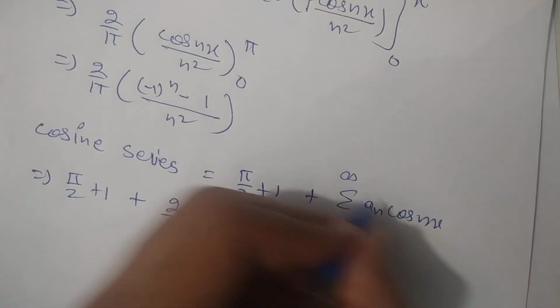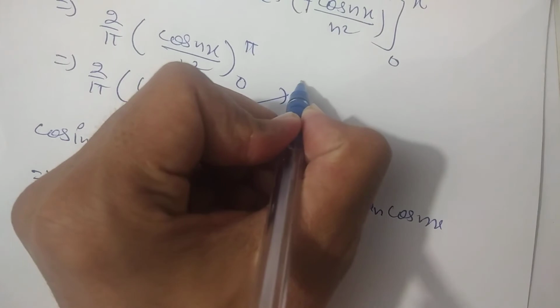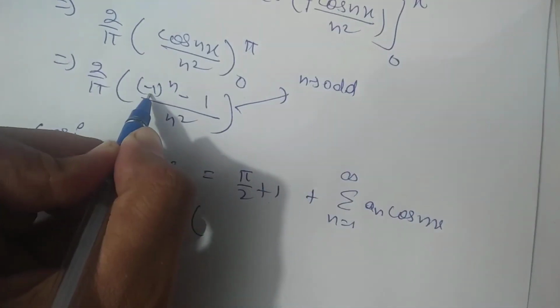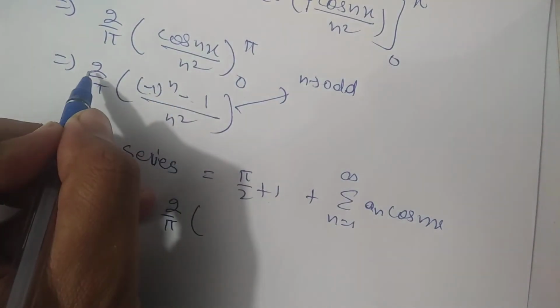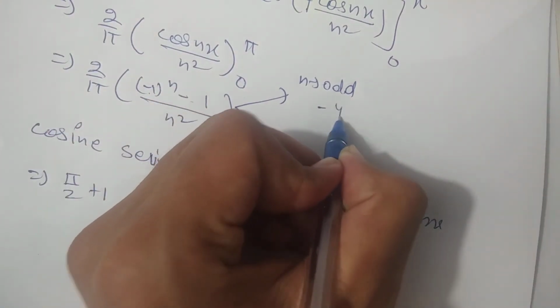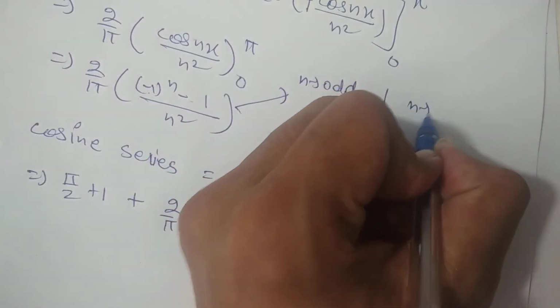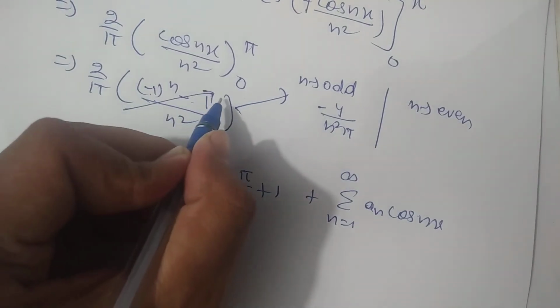and if I put n equals to, students see here, if n is an odd number, for odd number this value will be minus 1, and this whole value will turn into minus 2. So minus 2 into 2 will be minus 4 divided by n square pi. And for even numbers this value will be plus, so this whole value will turn into 0.